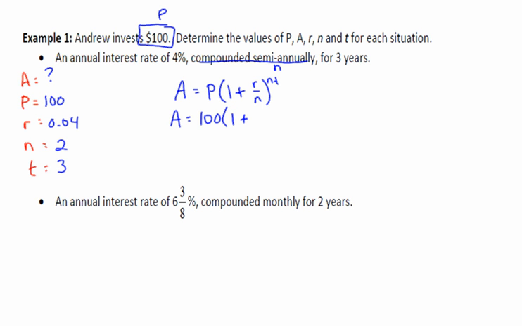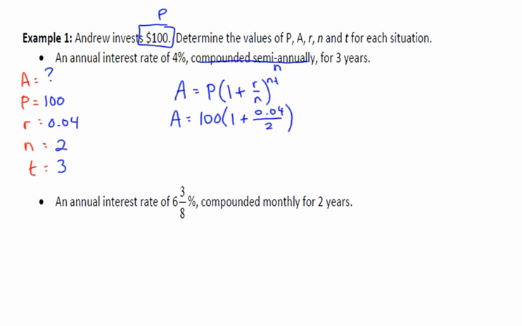Now we want to find the interest rate per compound. If it's 4% a year divided by 2, because it's twice a year, we're going to end up paying 2% per compound. How many total compounds would we have then?